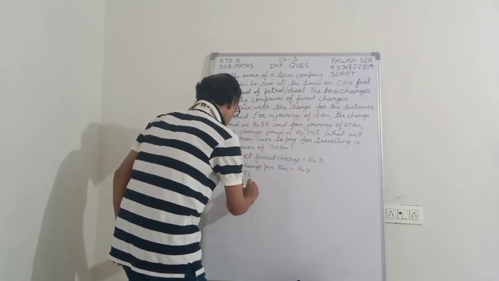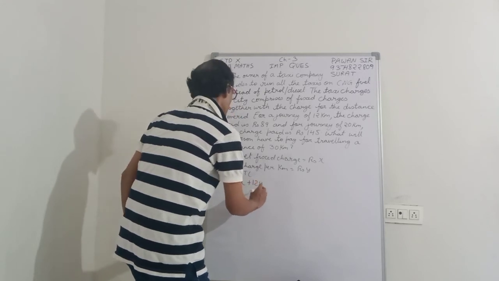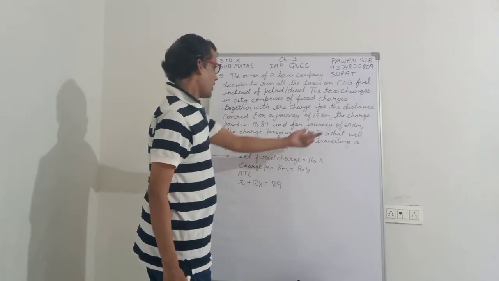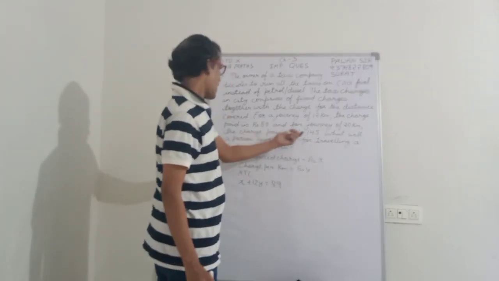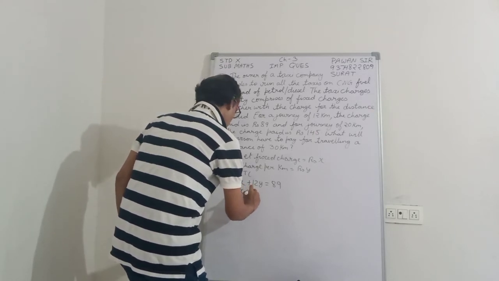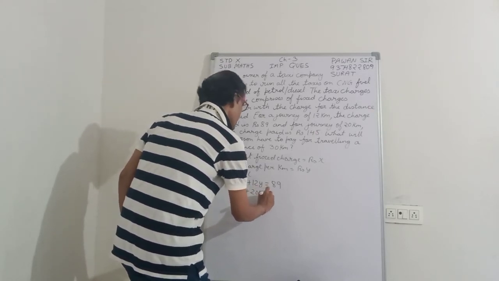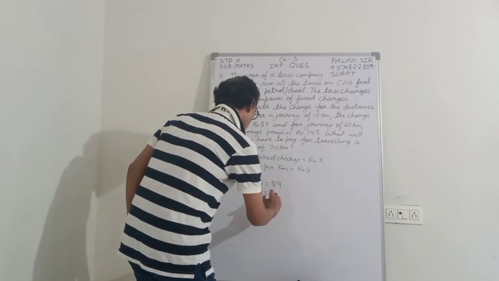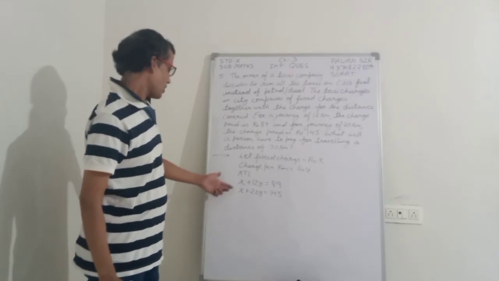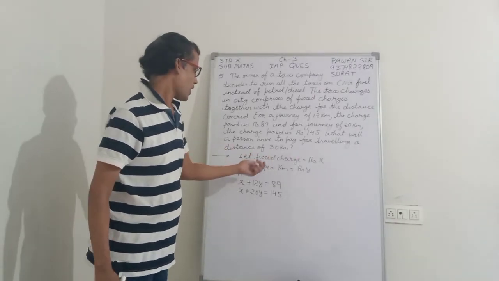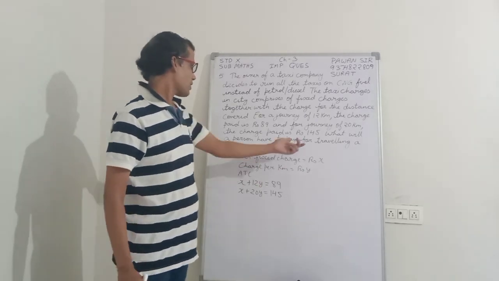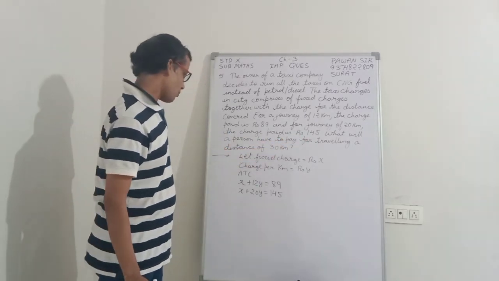For 12 km it is 12y. It is equal to 89 rupees. And again for 20 km the charge is 145. It means x plus 20y, it is equal to 145. Now in this first we find the fixed charge, then we find the charge per kilometer, and then we have to find the charge for 30 km.